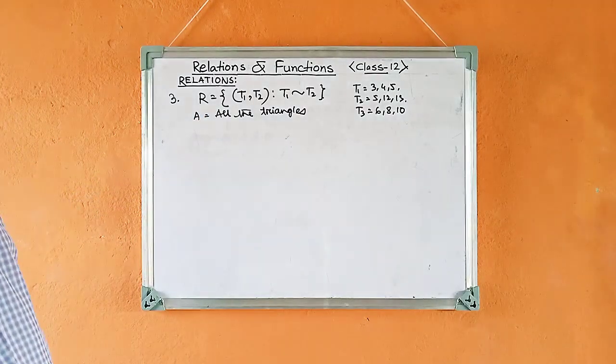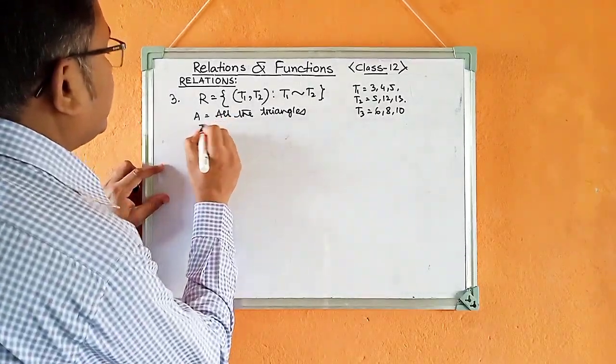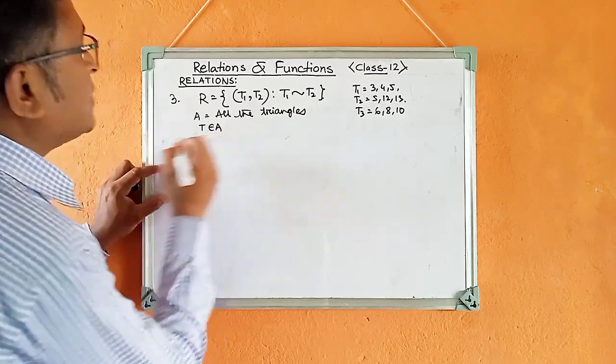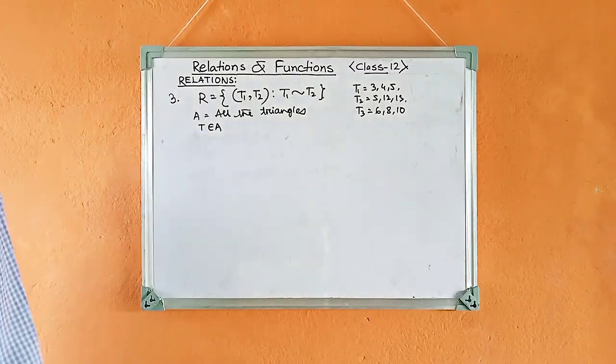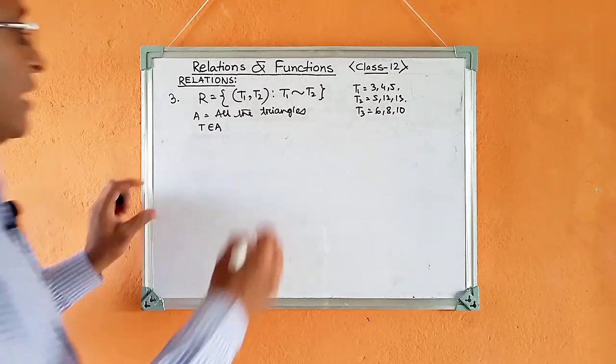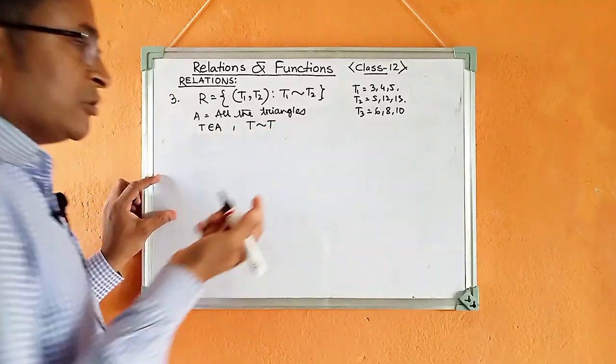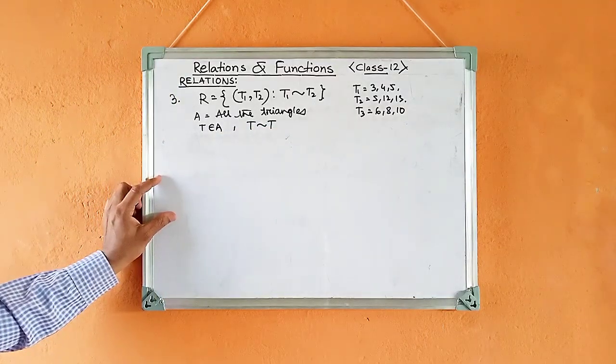See here, T belongs to A. That means any triangle belongs to A. Since T and T are the same triangle, they must be similar.